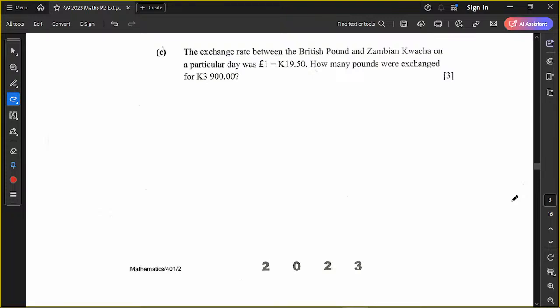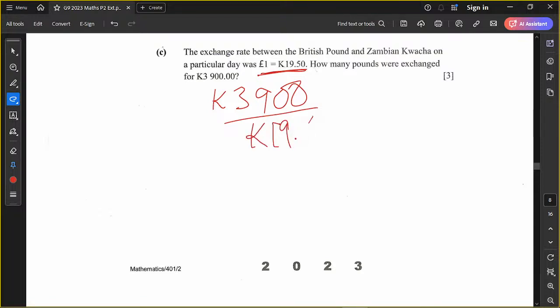So what we're going to do is divide 3,900 kwacha by the exchange rate, which is 19 kwacha 50 ngwe.